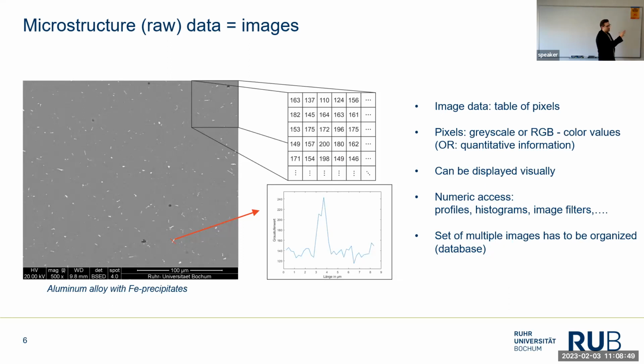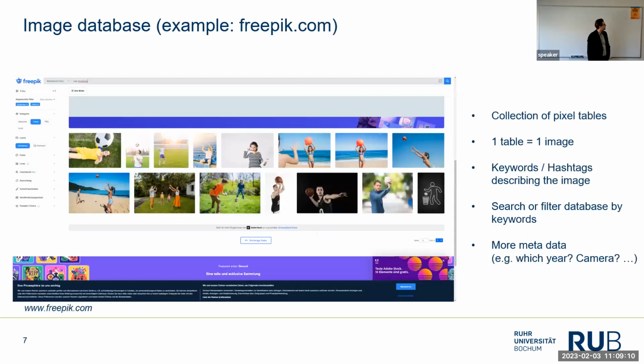I can use it to display it on the screen, but of course I can also access it numerically. For example, I could load an image in Excel and make a histogram of grayscale values and so on. If we have multiple micrographs, which usually we have, we need to organize these images in some way. And what we have to do there is create an image database.